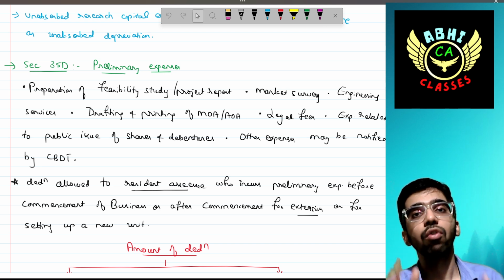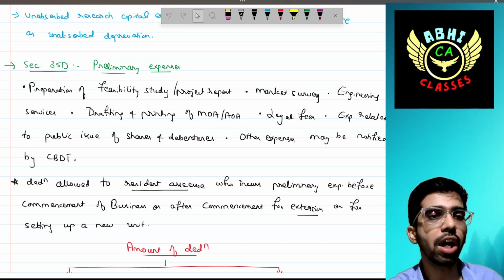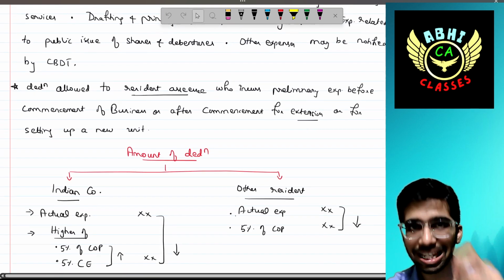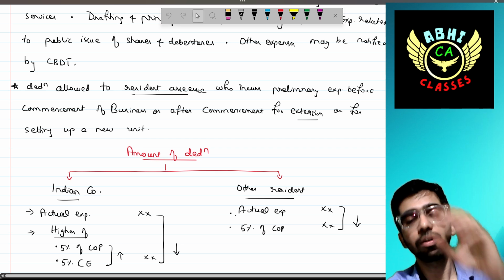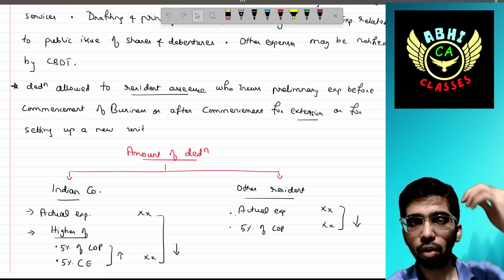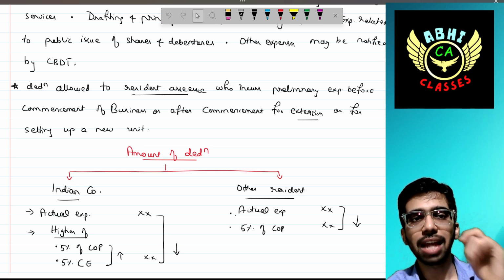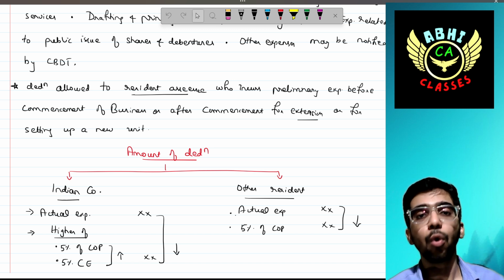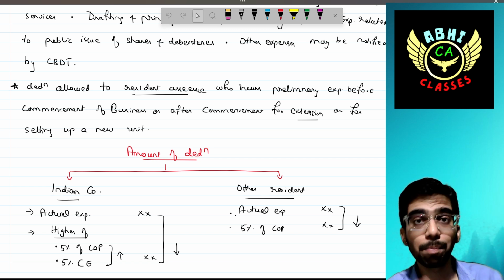Okay, these would form a part of your preliminary expenses. The deduction is allowed to resident SSE only. Remember, who is resident, we have already discussed in chapter 2. If you have forgotten, please go and revise, don't worry. Deduction is allowed to a resident SSE who incurs preliminary expenses before the commencement of business.